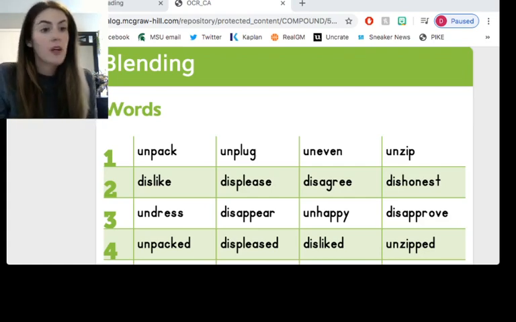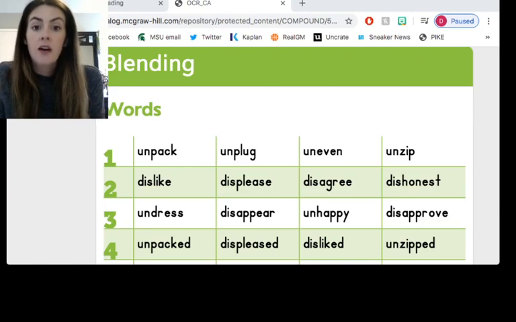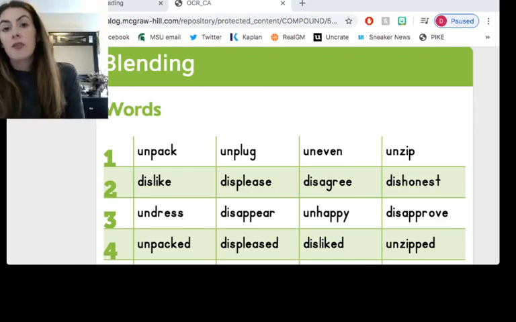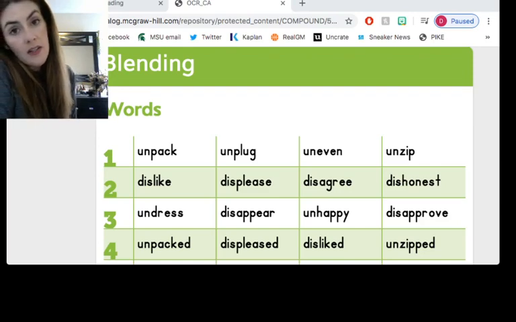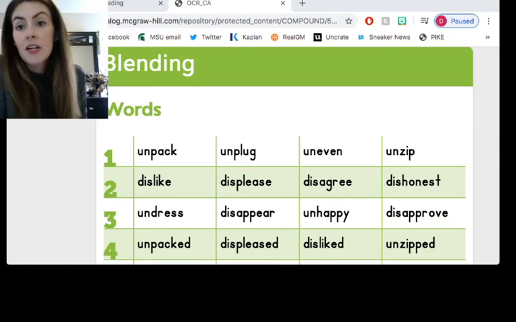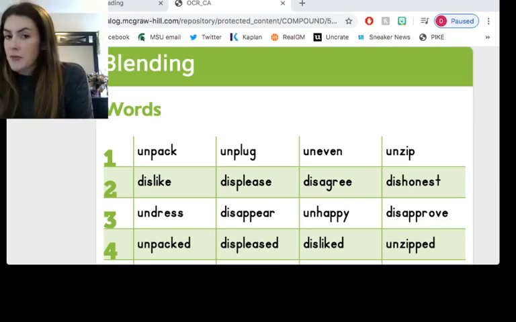Nice job. Let's read all of line 1 together. We have unpack, unplug, uneven, unzip. Very good. So all of those words in that first line have the prefix what? Un, right? Nice job. Un means not. So any of those things on that first line are not able to be done.